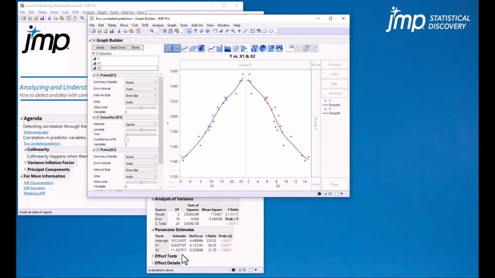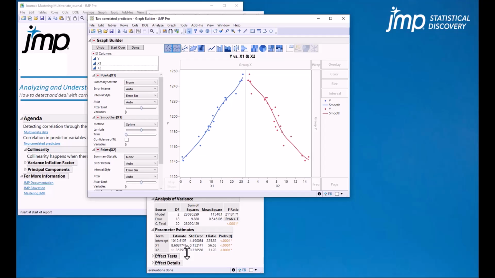So not just on its own, but given that X1 is in the model, when I increase X2 by 1 unit, I increase Y by 11.367 units. And similarly with the coefficient of X1, that's the coefficient of X1 when X2 is in the model.